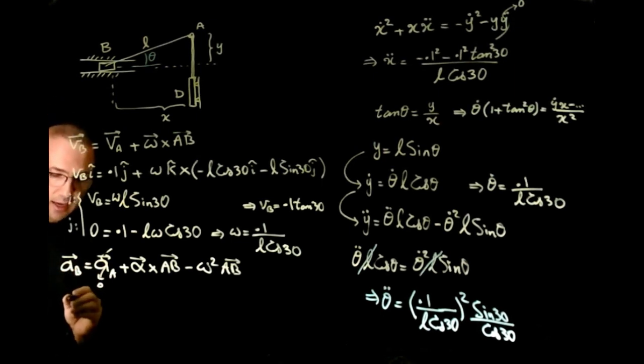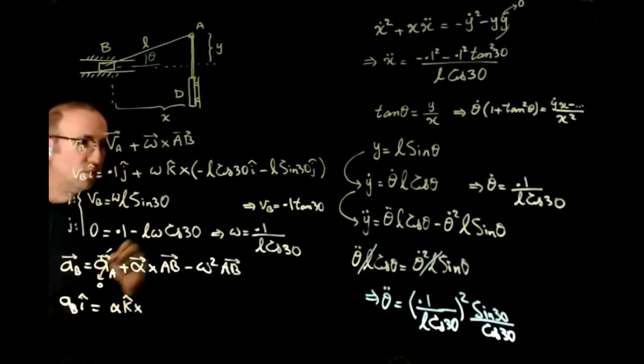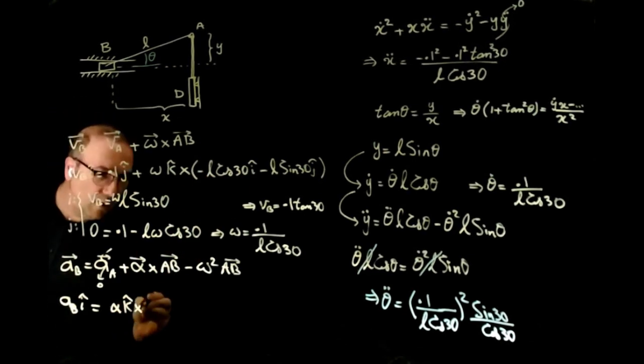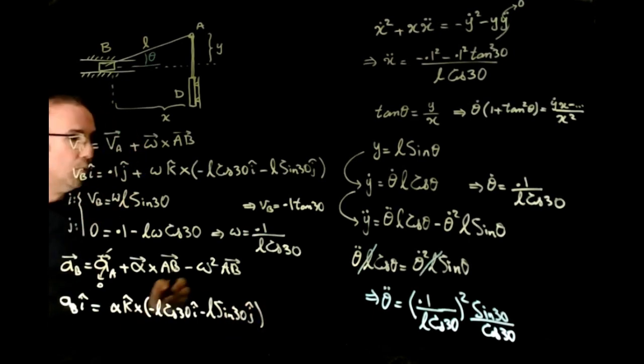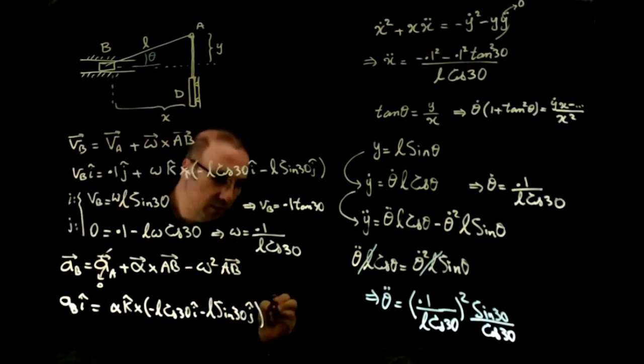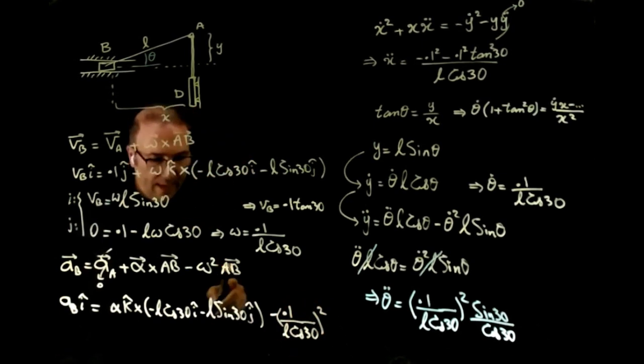So AB is again in I hat. So I get aB I hat equals to alpha K hat cross again AB, which is the same thing here, negative L cosine 30 I hat minus L sine 30 J hat, minus omega square, again that's AB.